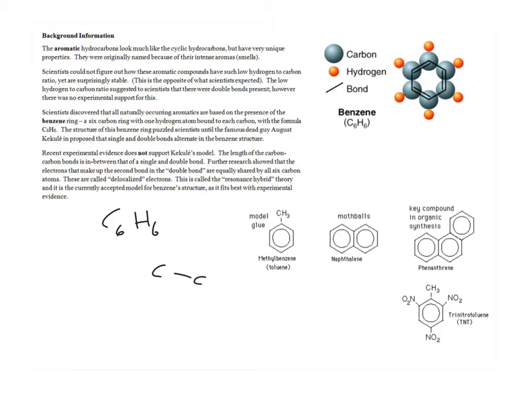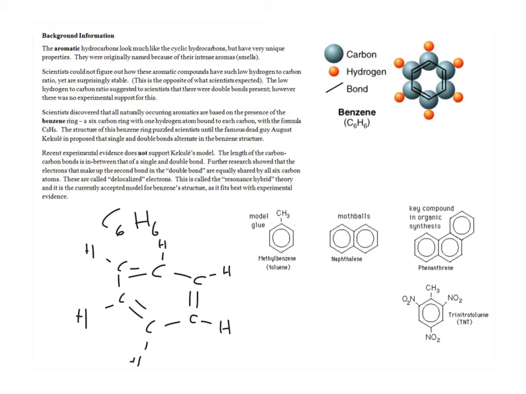And from that dream, he was able to come up with this structure, where we have 6 carbons, 1, 2, 3, 4, 5, 6. That's not a very good hexagon. But alternating double bond, single bond, double bond, single bond, double bond. And then 6 hydrogens bonded in that way. So we have this ring. And that's kind of what they predicted benzene's shape to be.